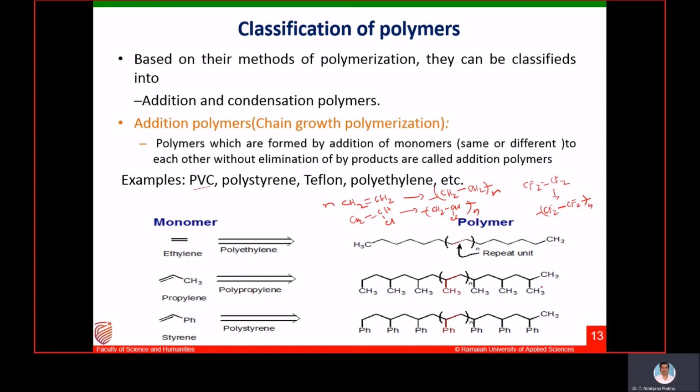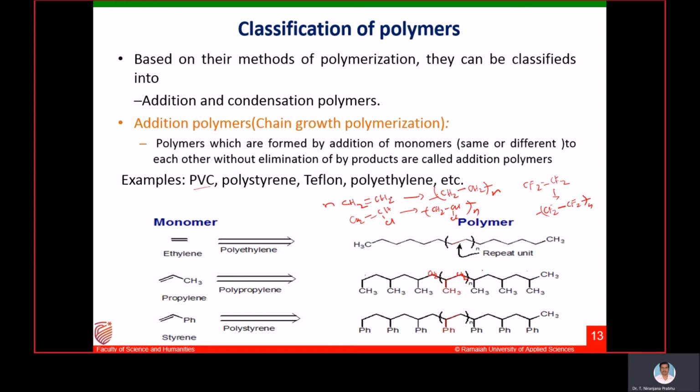Polypropylene is another example. This is polypropylene, a CH2 chain, and the side group is CH3. So instead of one H, if CH3 comes, it is polypropylene.